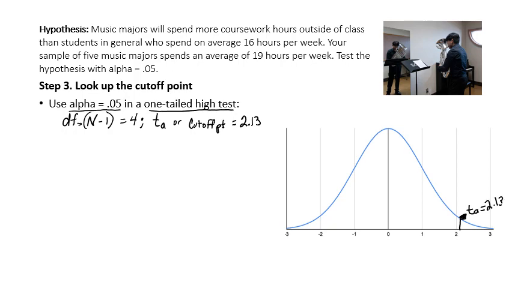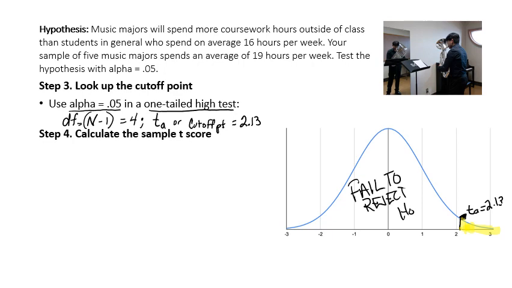We can get out our highlighter and shade the tail of the distribution here so that we know where our reject region is, and we can still rely on all of this region in the center of the distribution for failing to reject our null hypothesis. We're done with step 3.